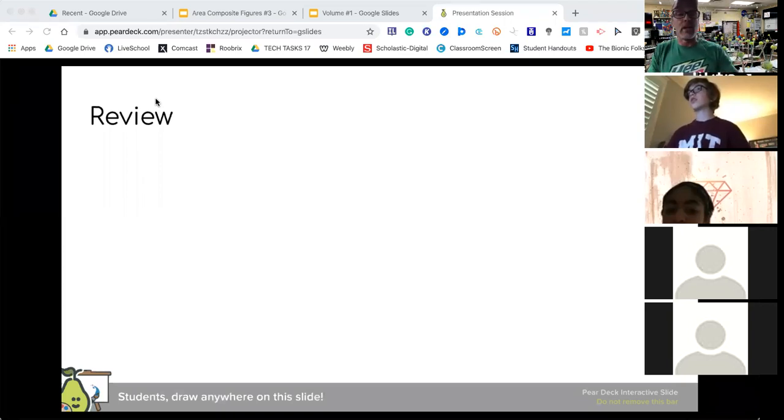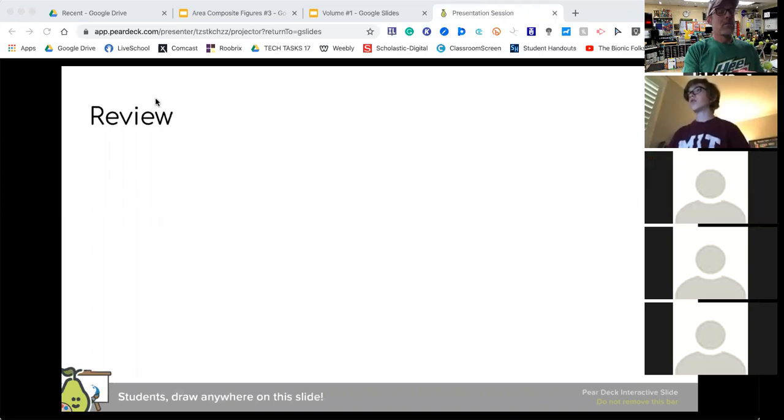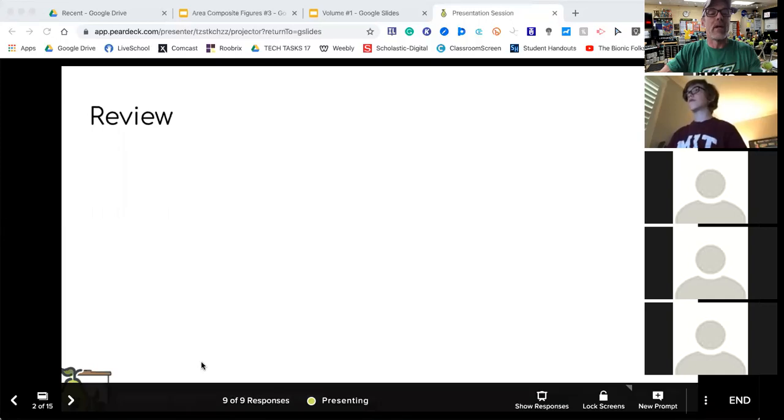If you're just joining, the screen code is LIKTP for Pear Deck. You're drawing a composite figure of your own and showing how you would get the area of that composite figure, please.